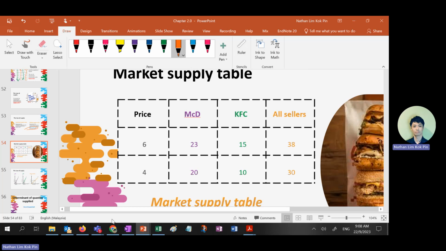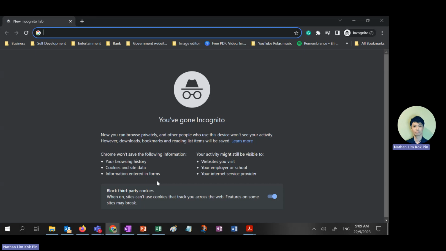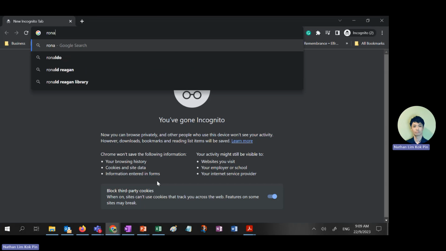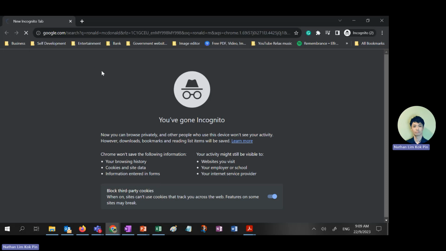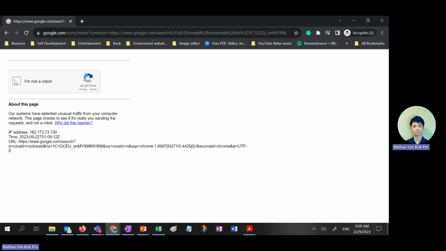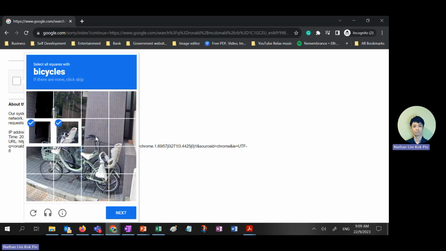You never ate a Happy Meal before? Okay, ladies and gentlemen, this is the first time I show Ronald McDonald in my class. I need to verify I'm not a robot because I want to show Ronald McDonald. This Google is too much.